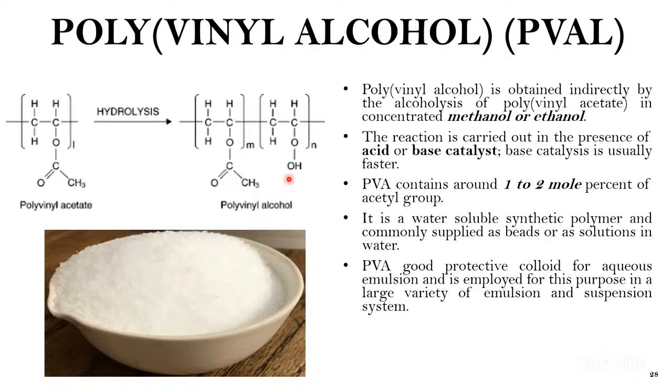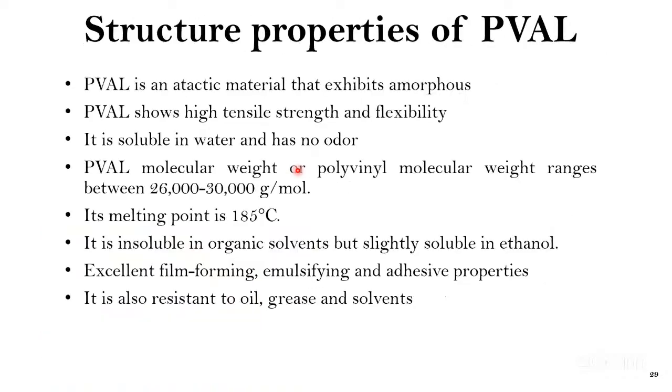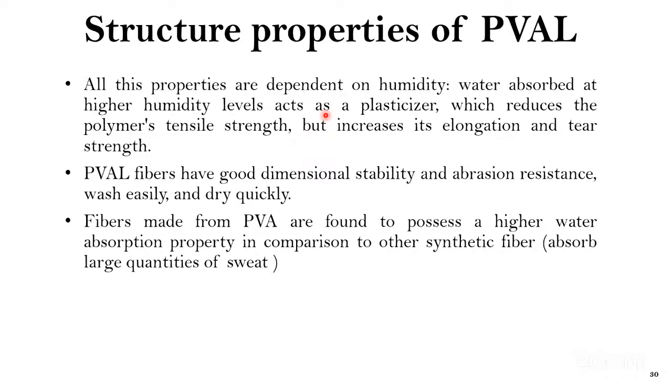If you keep this polyvinyl alcohol in a humid climate, where there is high humidity, near the sea, in a coastal region where we know the humidity is quite high, this will absorb the water molecules, or the moisture from the surroundings, and that moisture will act as a plasticizer.